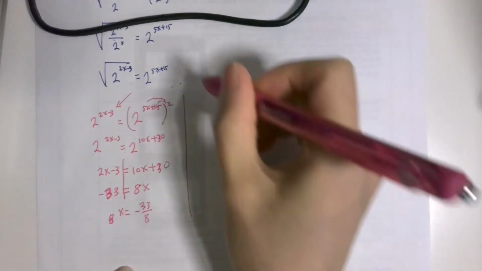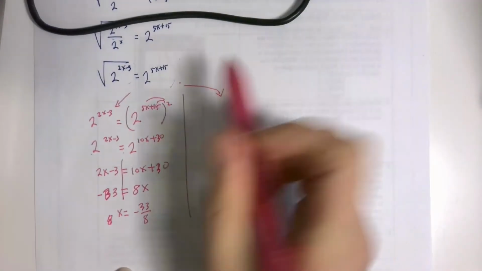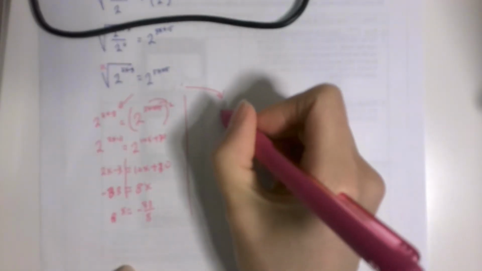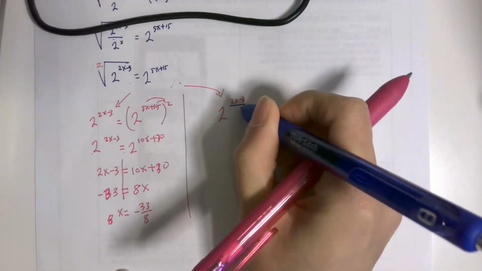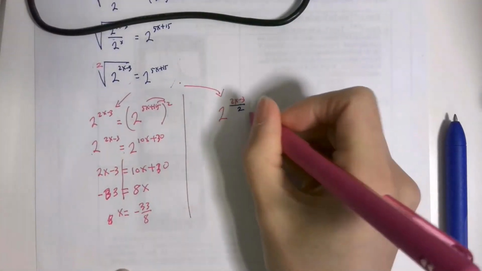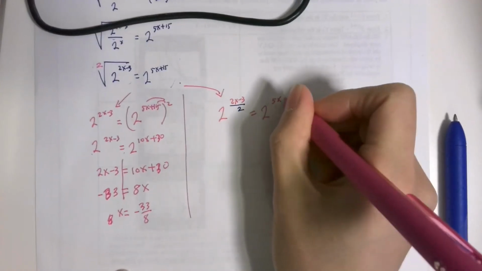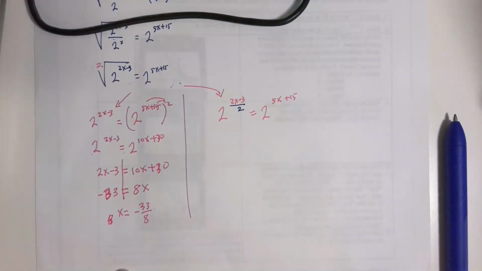What other option do we have from that step? If you remember, guys, a square root is the same as a denominator of 2 in the exponent. So I can rewrite this as 2 to the 2x minus 3 power divided by 2 equal to 2 to the 5x plus 15 power. I can do that too.